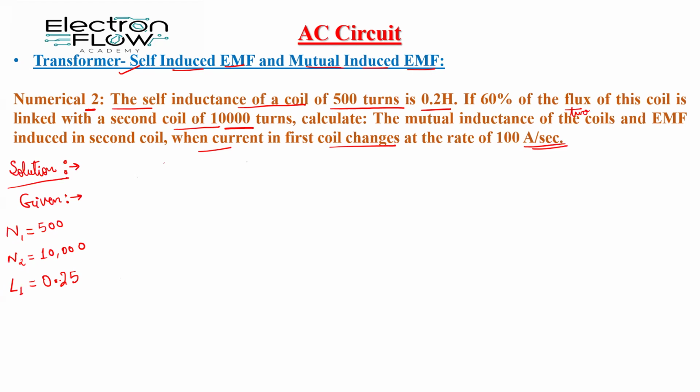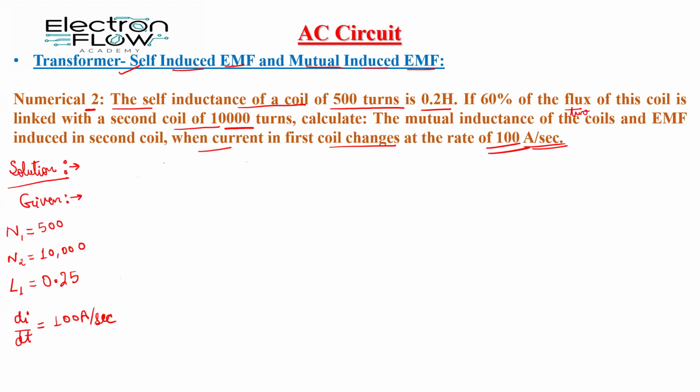Okay, this is given to us. The next parameter is di by dt, which is equal to 100 ampere per second. This is the rate of change of current.